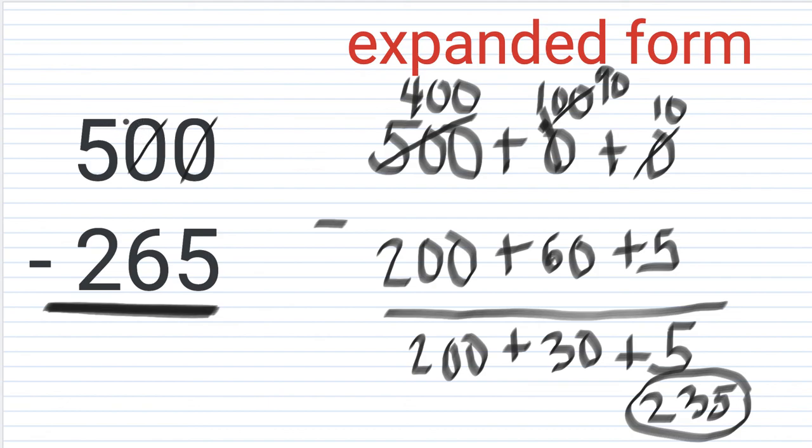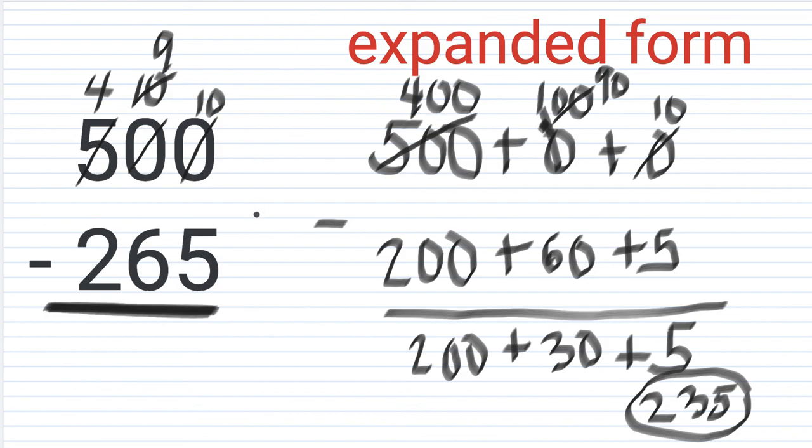So since we will borrow 10 from here, in shortcut, you will just minus 1 here. And this becomes 4. Since you borrowed 10 from 5, this 0 becomes 10. And that's the time this 0 here can borrow 10 from here. So this will become 10. And this 10, in shortcut, you will just subtract 1 and that becomes 9.